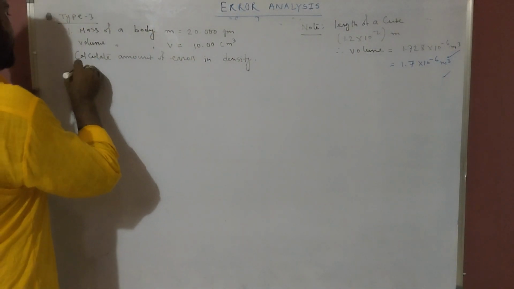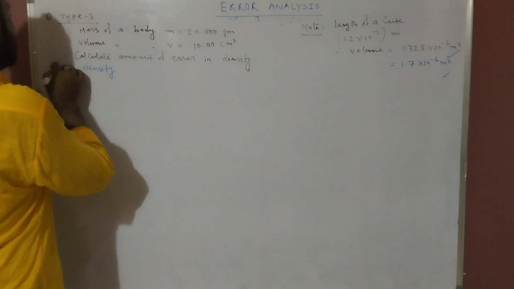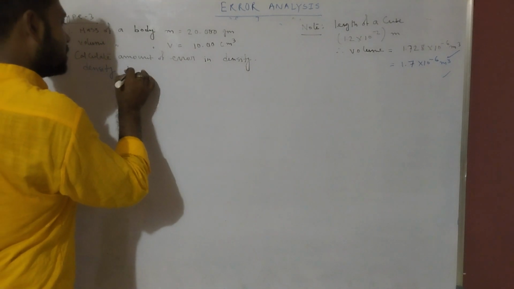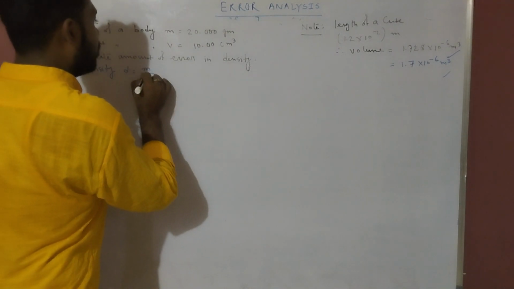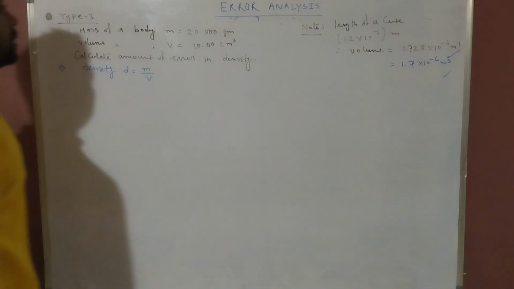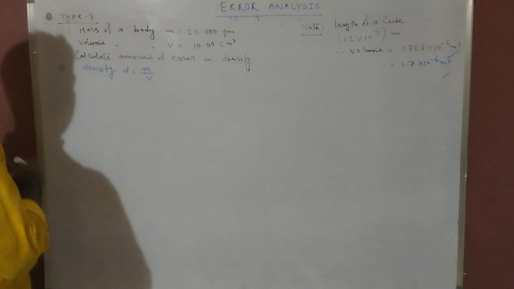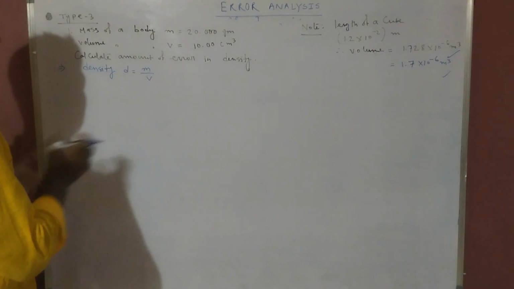We know density D means mass by volume. Understood? Now you have to take log both sides, then take the derivative both sides.